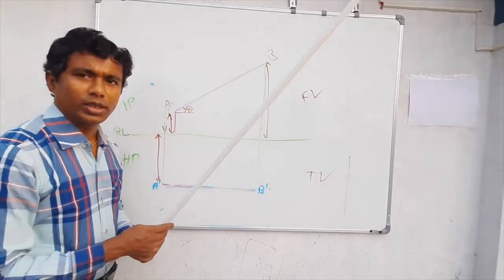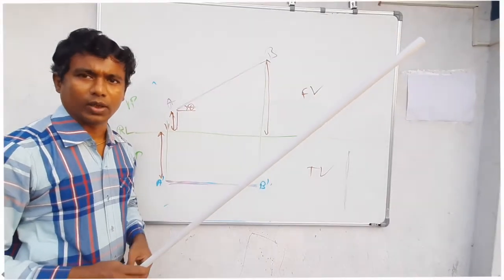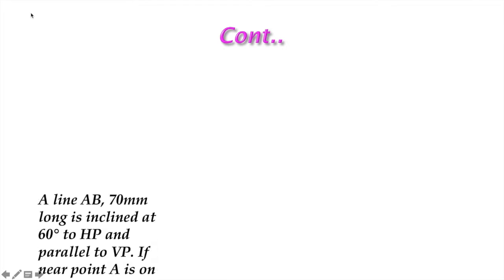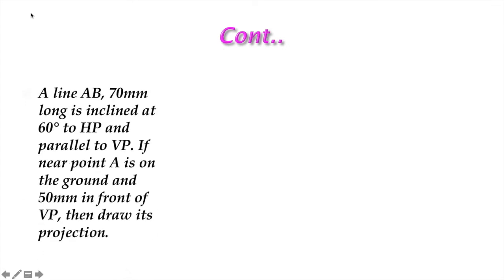Let's go through the drawing method now. Now, as per this problem, our line is inclined 60 degrees with the HP and parallel to VP. So, as it is parallel to VP, from the front view, we are getting the actual dimension.